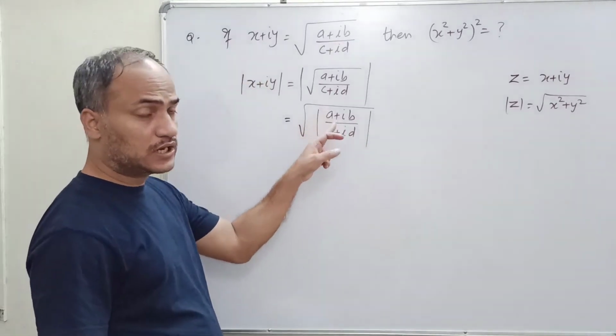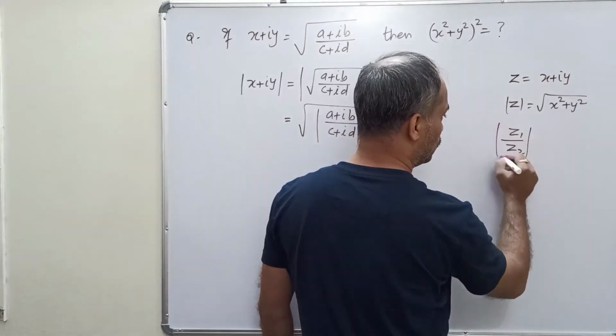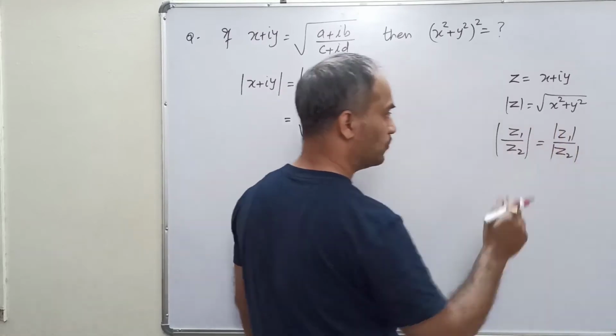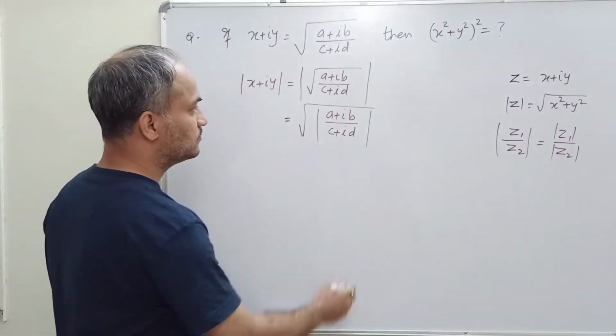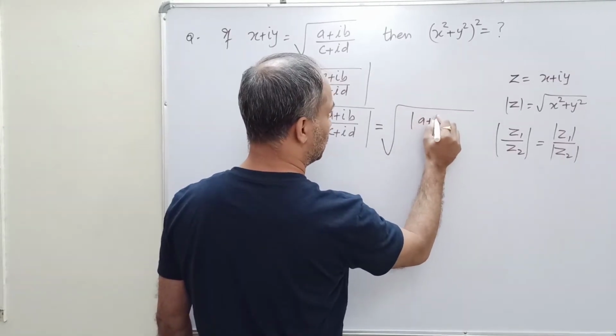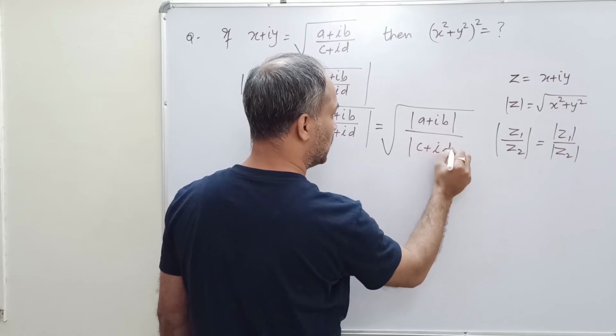Now again we have the property that modulus of z1 upon z2 is equal to modulus z1 upon modulus z2. So this term can further be written as modulus of a plus iota b upon modulus of c plus iota d.